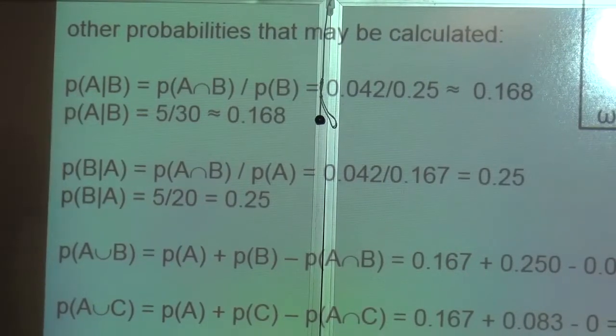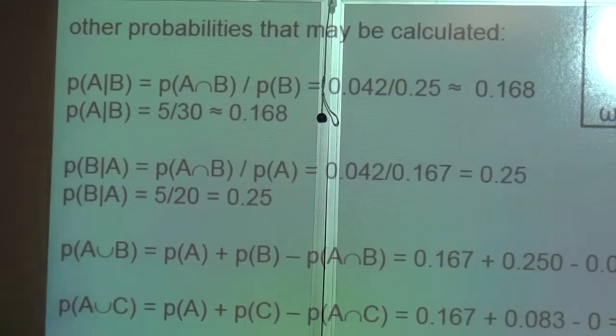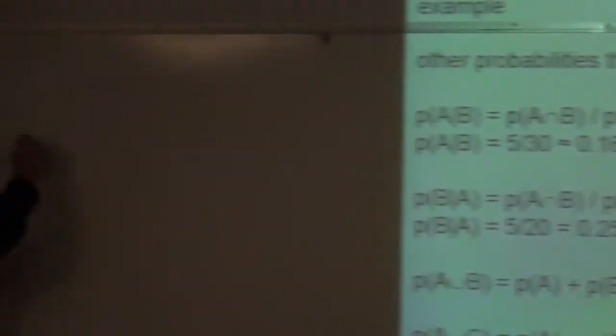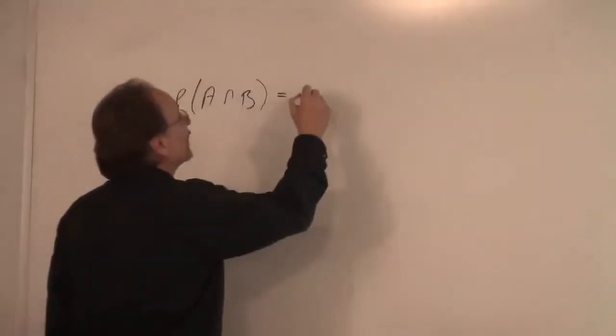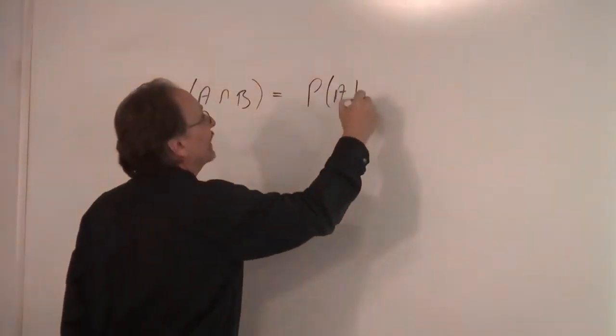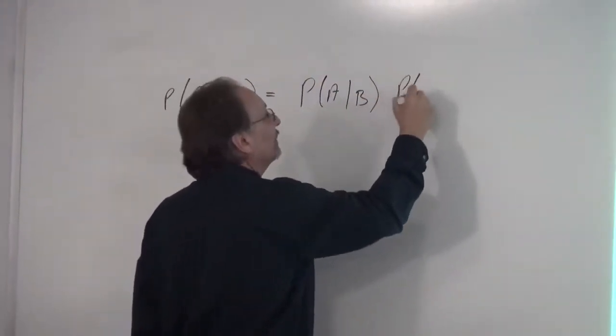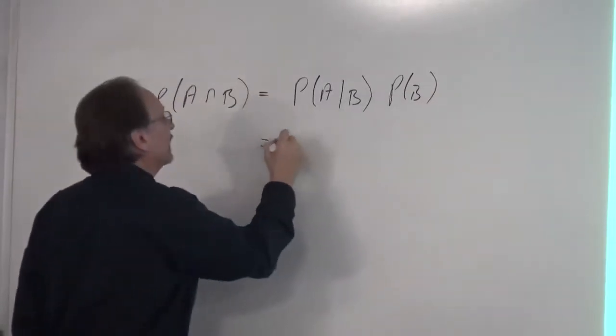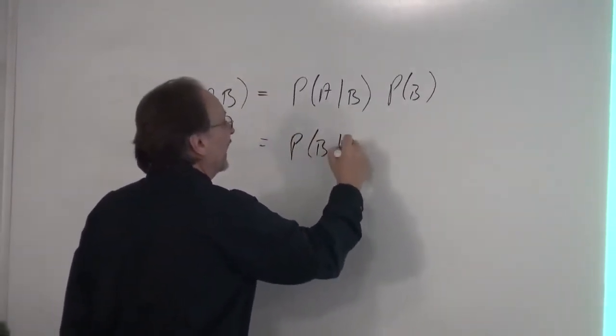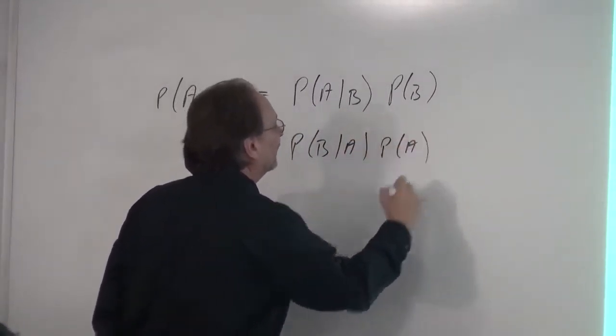However, let's apply our formula, because remember the probability of A intersect B is equal to either the probability of A given B times the probability of B, or it's equal to the probability of B given A times the probability of A.